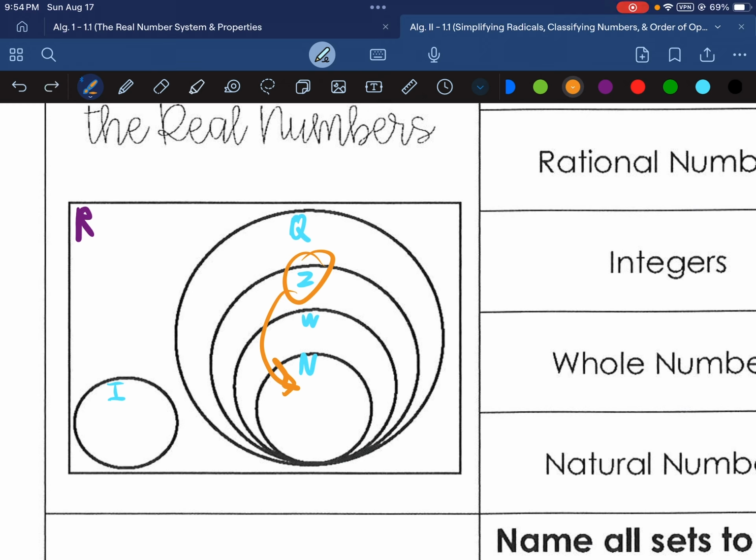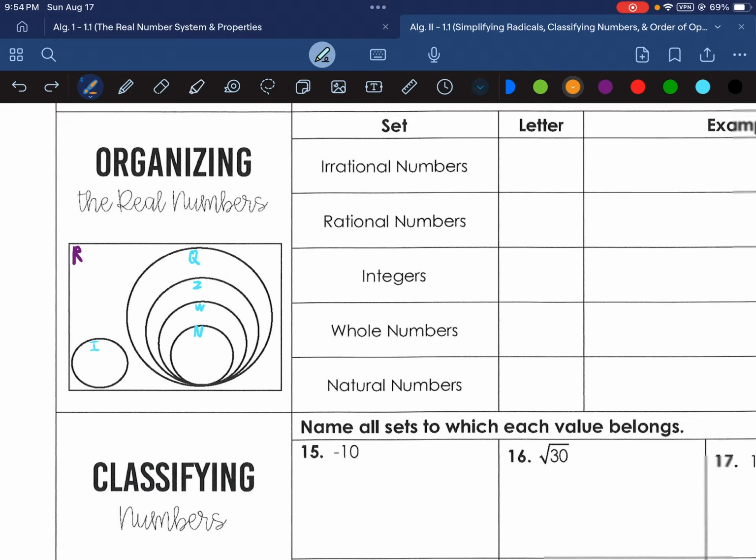There are integers that are whole numbers and natural numbers, but they're not automatically such, just as all squares are rectangles, but not all rectangles are squares, or all freshmen at Plattsmouth High School are students in our building, but not all students in our building are freshmen. There's also sophomores, juniors, and seniors.